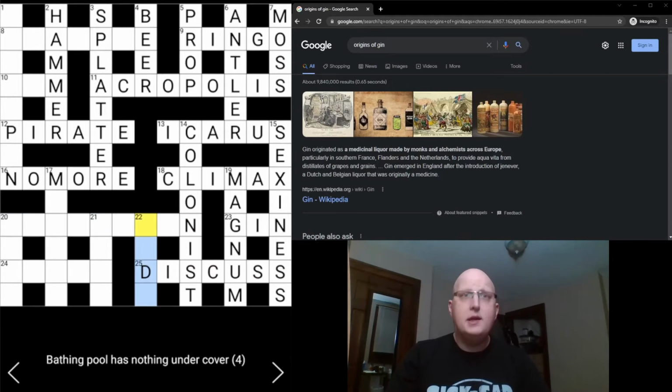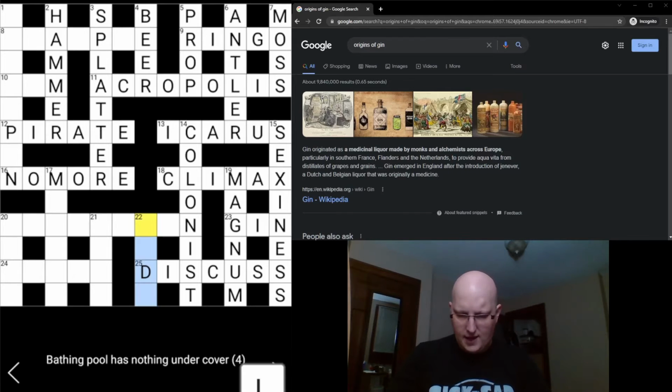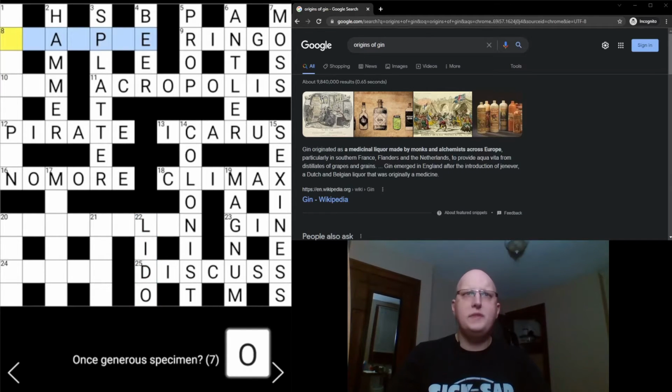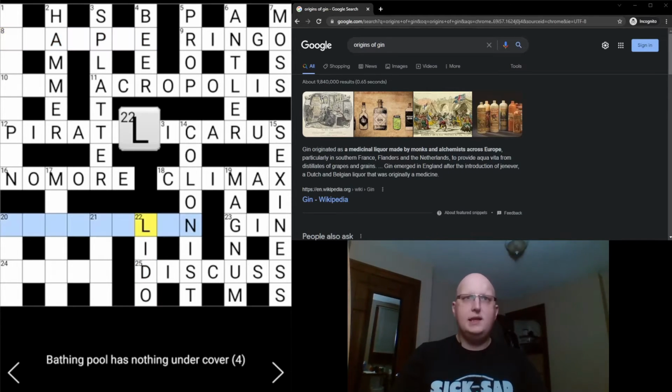All right. Bathing pool has nothing under cover. Bathing pool. Now, I know there's some British words for pool that I have to look up every time. Let's see if this is one of those. Bathing pool has nothing under cover. Oh, yeah. So I don't know what this word is, but I know this is the right answer. Lido.